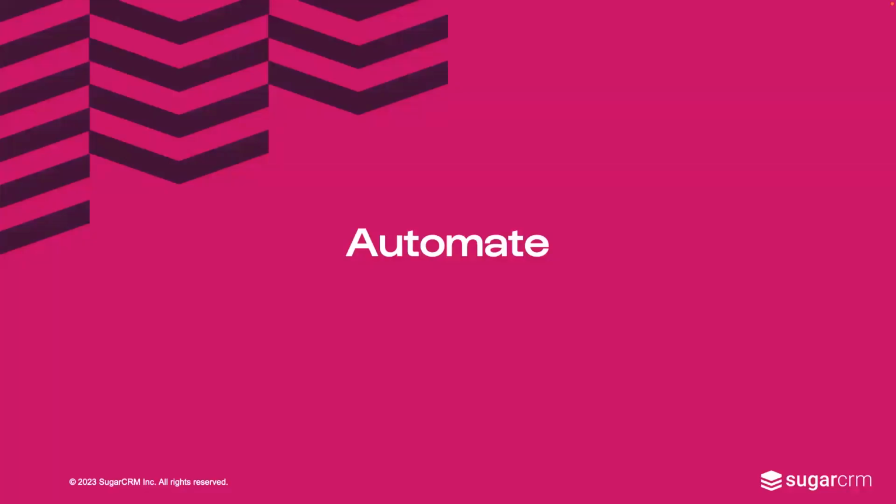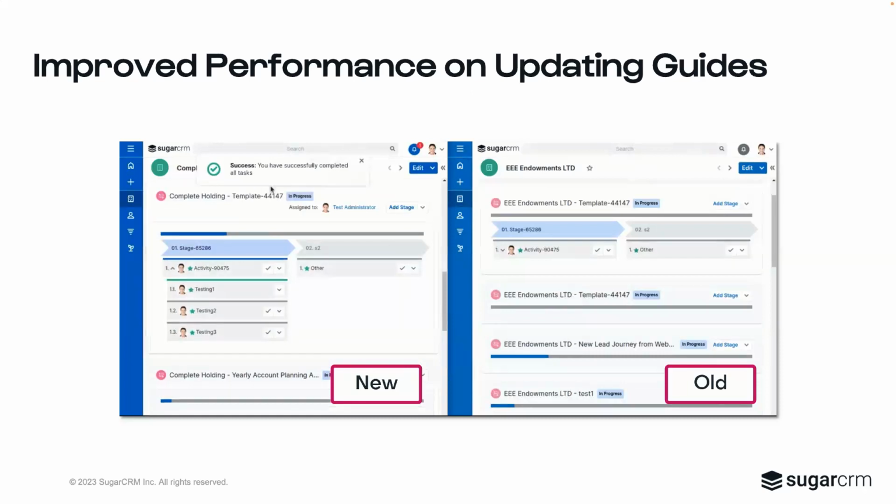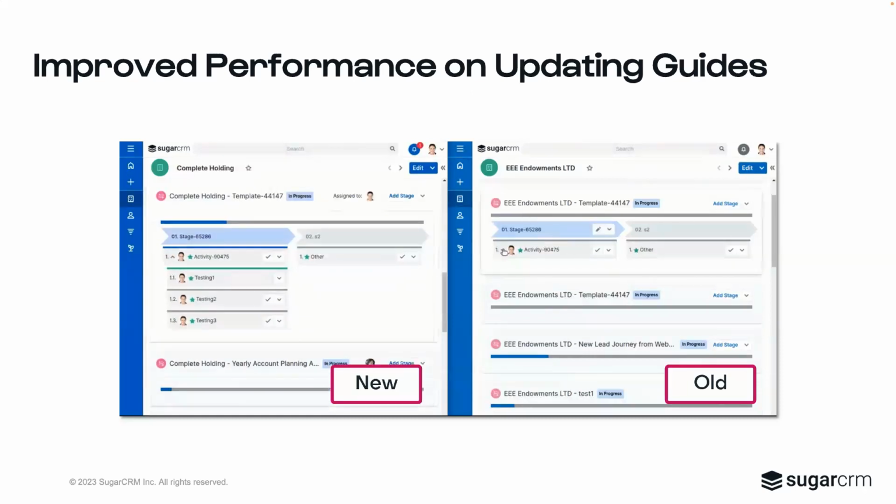Moving into Automate. For 13.2 with Sugar Automate, sometimes also referred to as guided selling, there's a few things that we've done to increase performance with guides.